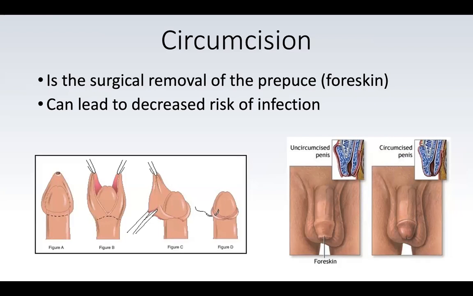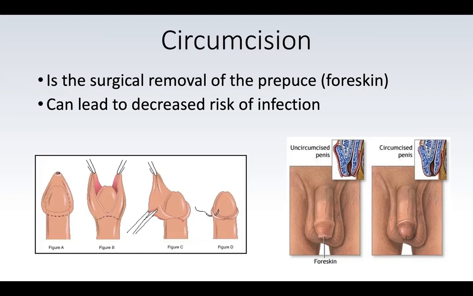The reason why is because the glans penis has lots of nerve endings there. And so the prepuce, the foreskin, helps protect those nerve endings. Because circumcision is a rather popular procedure that many parents are opting for their newborn males, it's worth talking about so you can understand what's going on in circumcision.